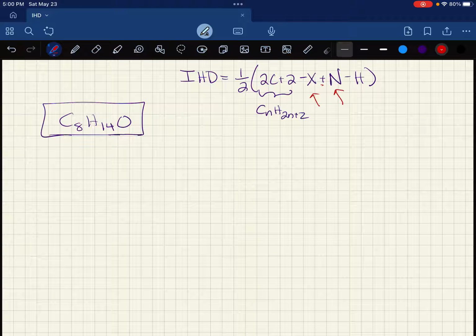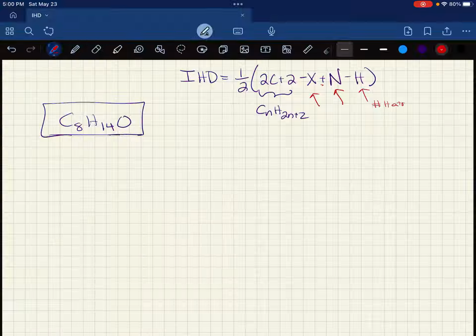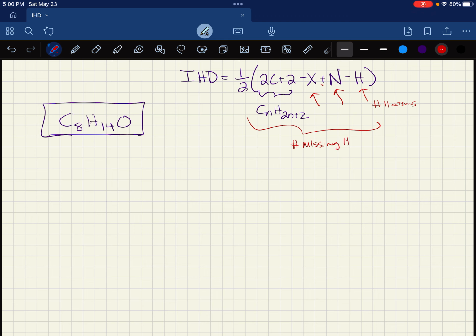And then this is going to be the number of hydrogen atoms actually in the molecular formula. And so what this math gives us is the number of missing, so to speak, H atoms. And because we lose 2 hydrogen atoms for every ring or pi bond, we're going to need to divide by 2. Okay?